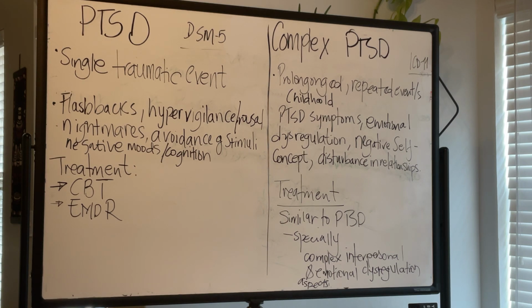So let's go. For the distinct characteristics of PTSD, this has to be a single event. It occurs in response to a single traumatic event or series of traumatic events.